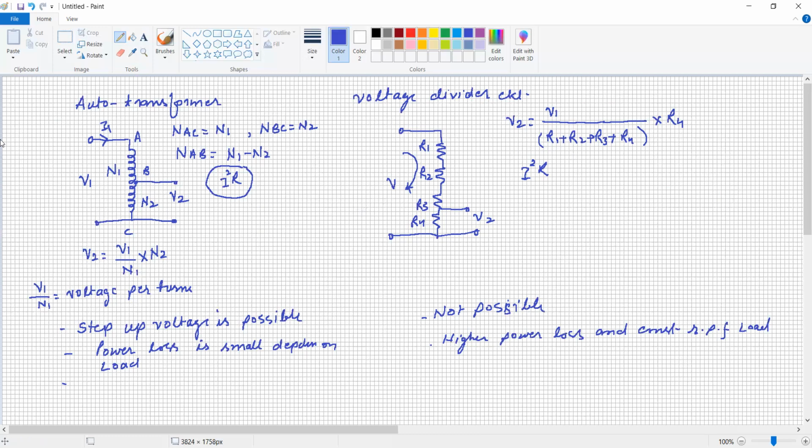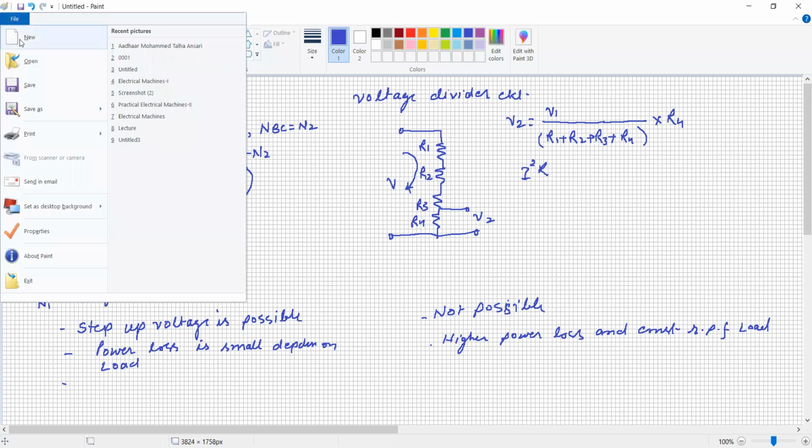So we cannot say that an auto transformer is just similar to a voltage divider circuit, because in a voltage divider circuit, voltage step up is not possible, the power loss is higher, and a continuous power loss takes place in the resistance RL.